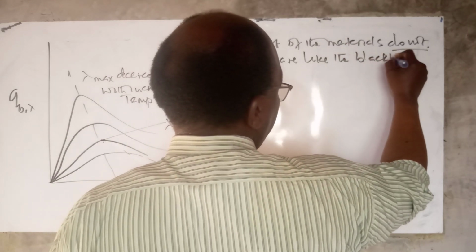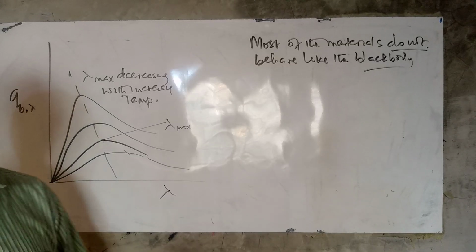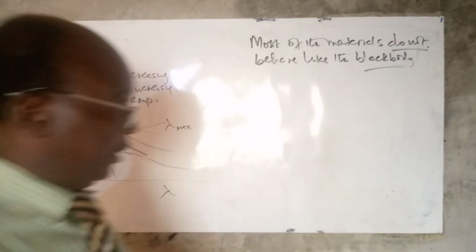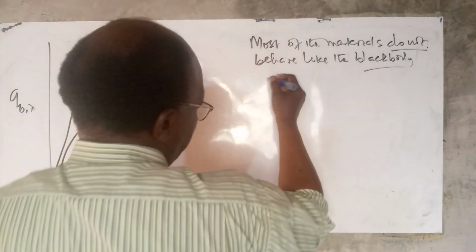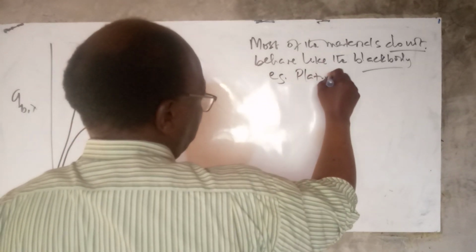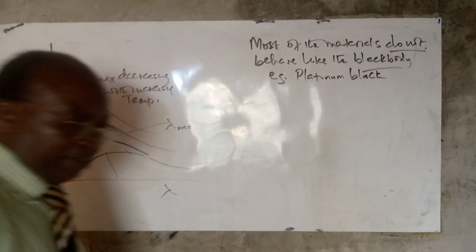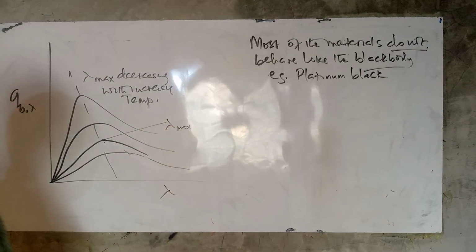What do we mean by that? All we mean is that most of the materials don't obey the radiation laws of the black body. Examples which obey that are platinum black, among some of those which obey the black body behavior.